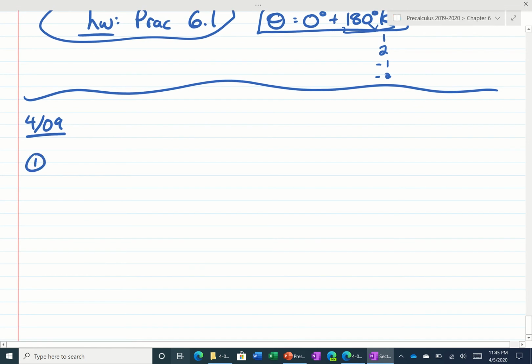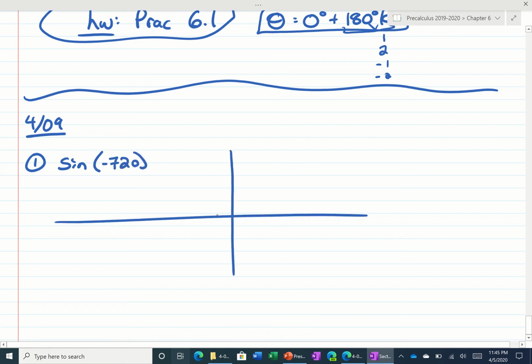So number one says, find the value of sine of negative 720. The way we talked about doing this, let's take a look at the graph. 90, 180, 270, 360, 450, 540, 630, 720.